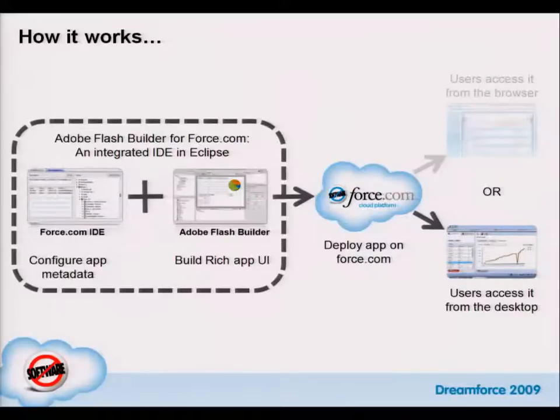And then ultimately we would take these runtimes and deploy them up to the cloud so that when users go out to their application, they could download the binary runtime and use that for either offline access or conceivably doing applications within the browser. So those are those two options at the end, running applications on the desktop, in other words, AIR applications, and then running applications within the browser, in other words, using the Flash Player.